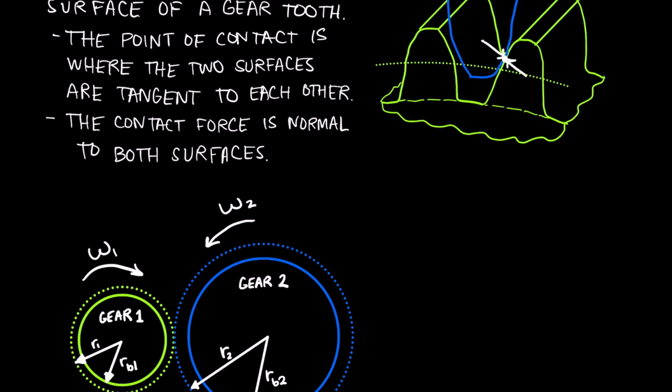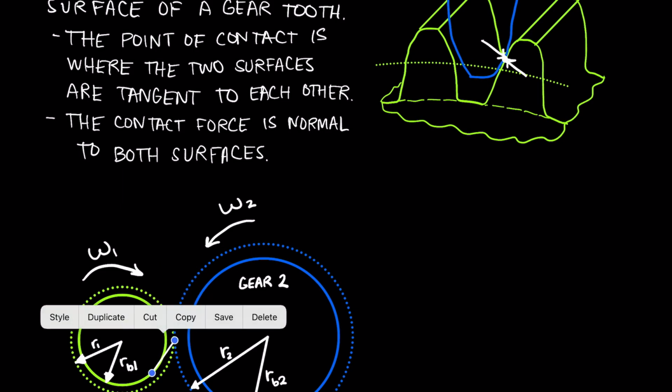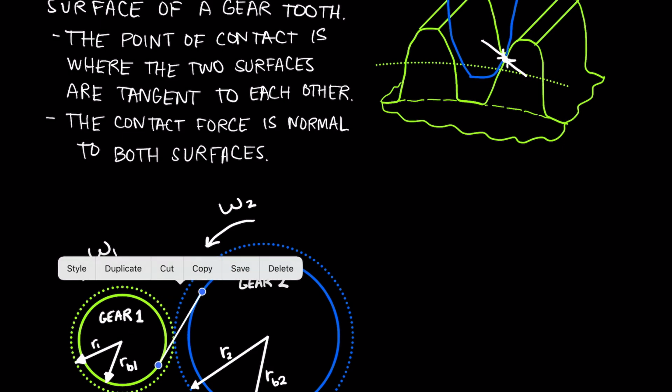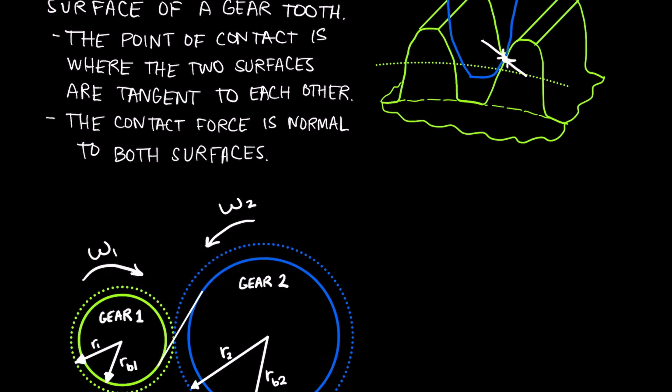So if I draw where this line of action would be, it's going to intersect the pitch point, the point at which the two pitch circles are tangent to one another, and it is also going to be tangent to the base circle of each of the gears, the pinion and the gear. Something like that. That white line is our line of action.